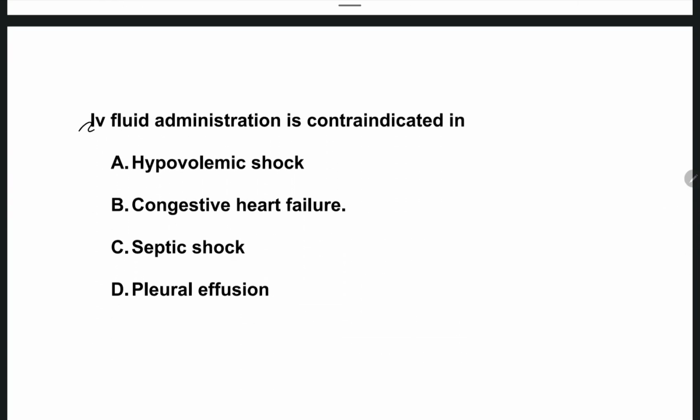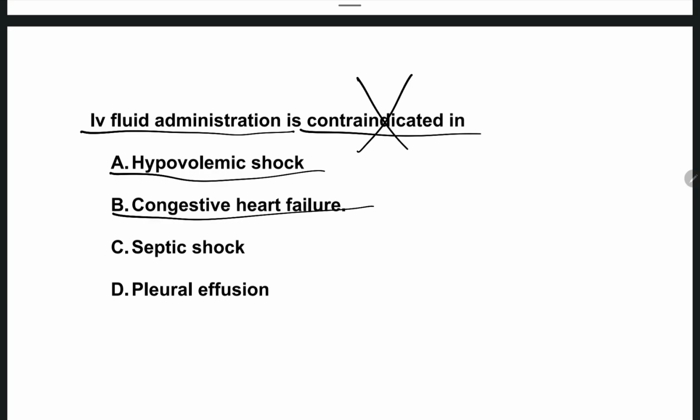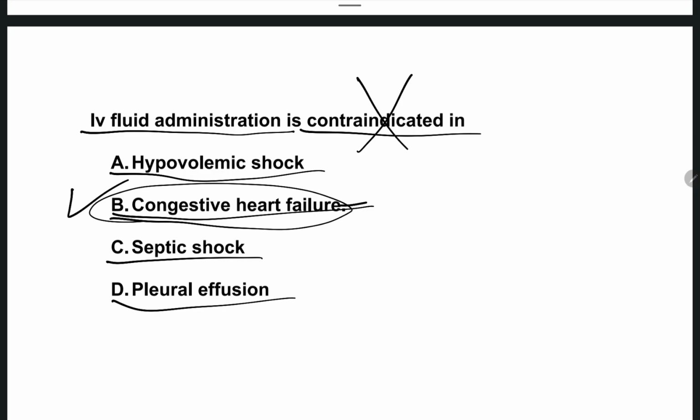The next one is: IV fluid administration is contraindicated in which condition? Option A, hypovolemic shock. Option B, congestive heart failure. Option C, septic shock. Option D, pleural effusion. The right one is option B. In congestive heart failure, there is already an overload of blood in the heart.